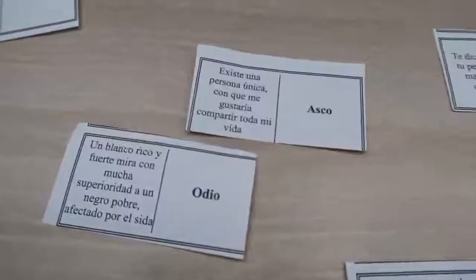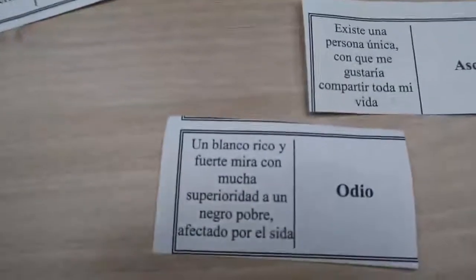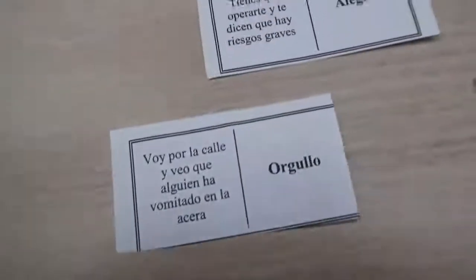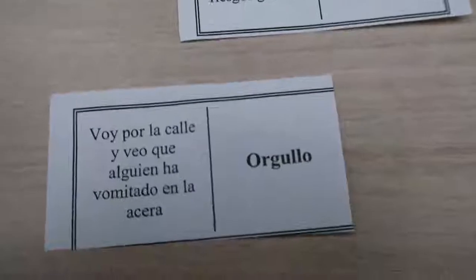So you have envidia, celos, desengaño, a whole bunch of vocab, but I will go over it in a minute with you. Basically you have to make sure that it matches the emotion with the explanation of what's going on on each bit of paper. This is brilliant.